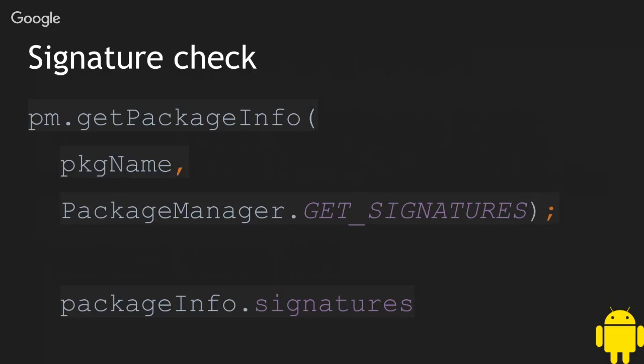And then you can see if someone has decompiled your app and modified some code, and because of doing that, the signature of the application has changed.